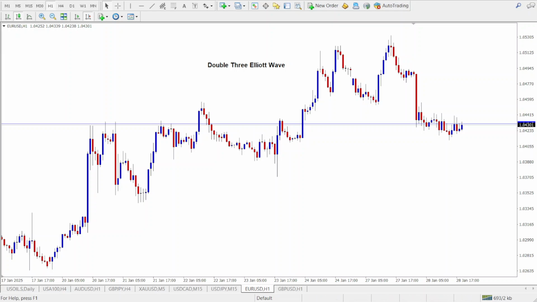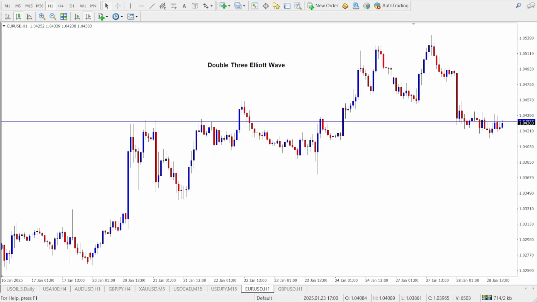First of all, let us start with a quick overview of what the Double Three Elliott Wave pattern actually is. It's a correction pattern within the Elliott Wave theory, which means that it doesn't signal the start of a trend, but rather a corrective phase within an existing trend.